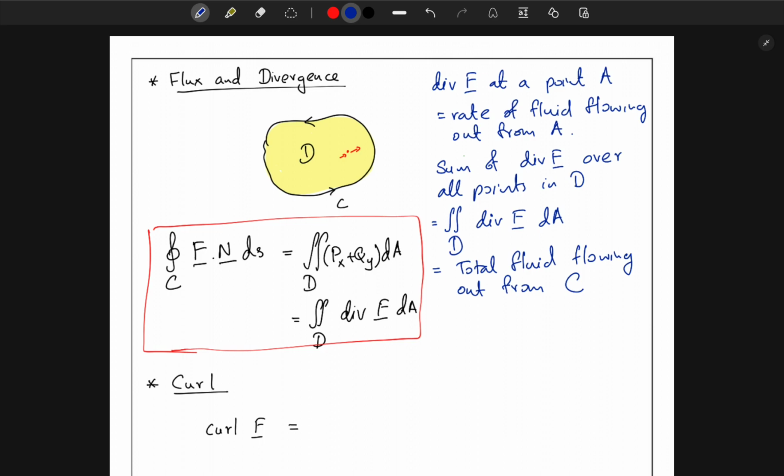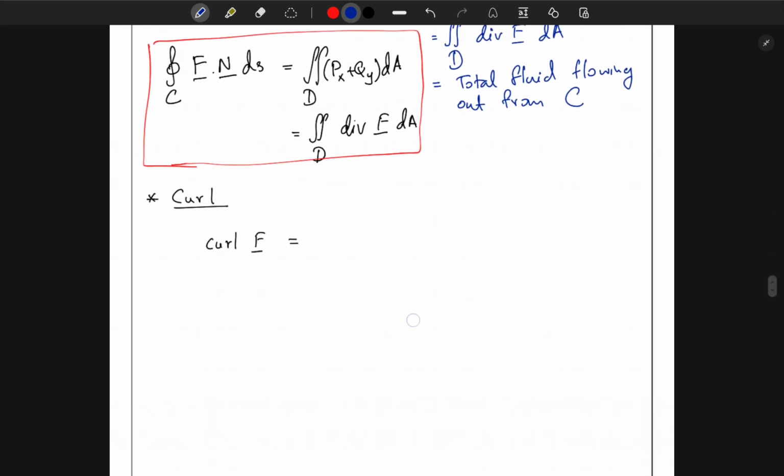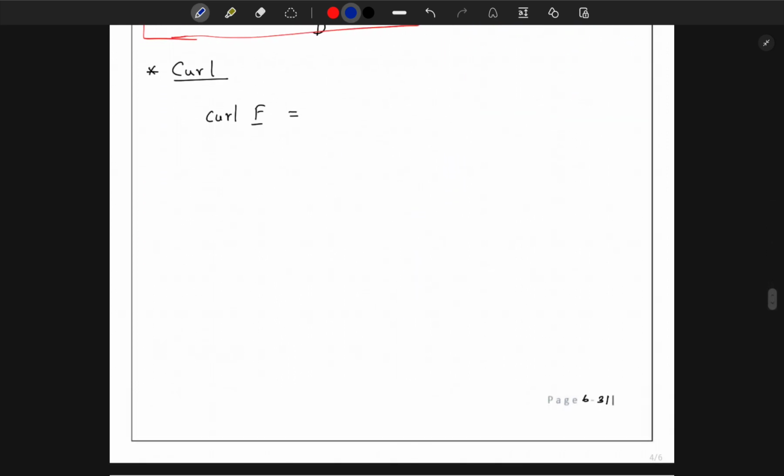Now let's move to curl. So curl of a vector field F is defined to be the cross product. Now remember, divergence was the dot product of the gradient operator with the field.